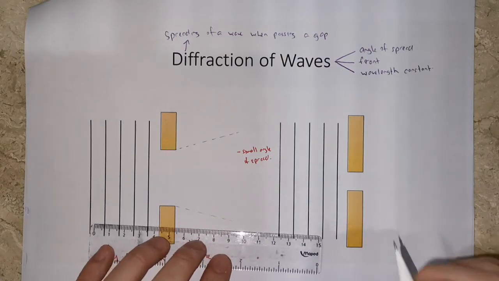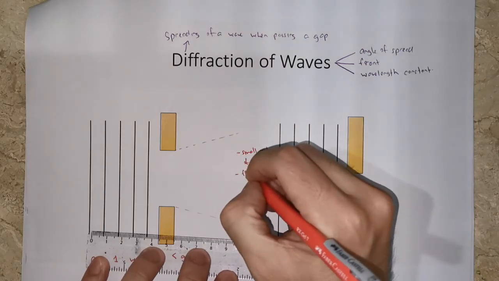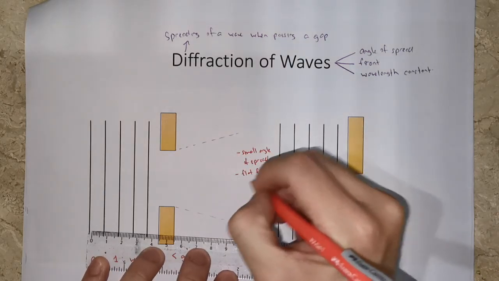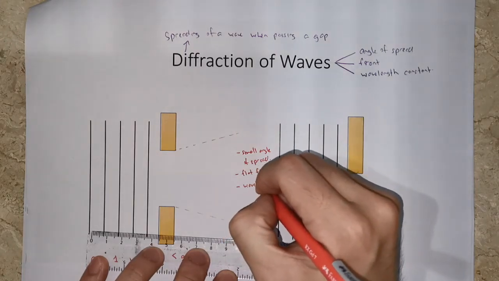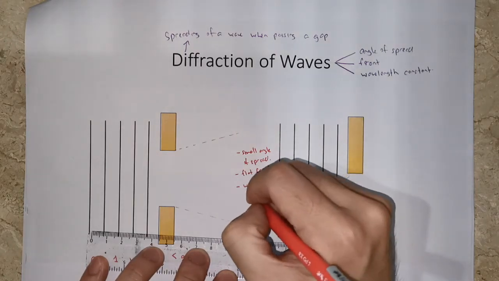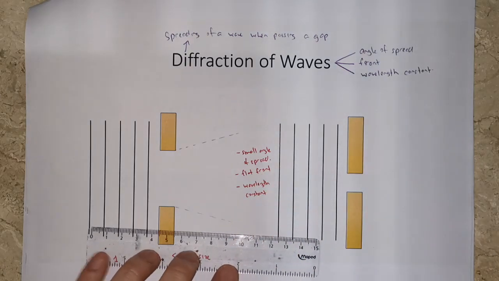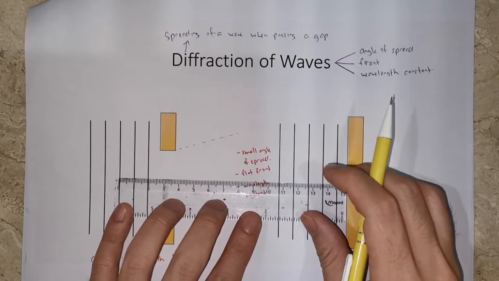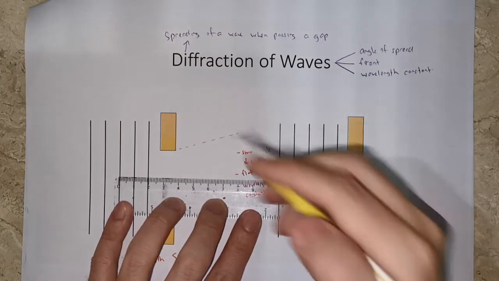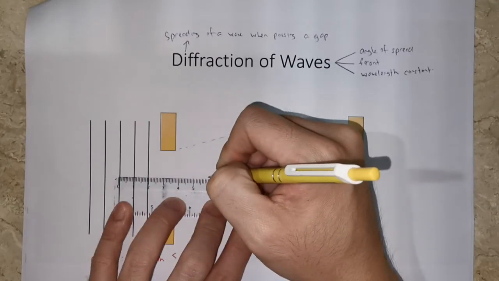Now next, for this case we will need to have a flat front and constant wavelength. These are the three aspects that you need to make sure are right. So, wavelength constant. If I just measure this, the wavelength seems to be 1 centimeter. So I'll just mark 1 centimeter, 1 centimeter, 1 centimeter.